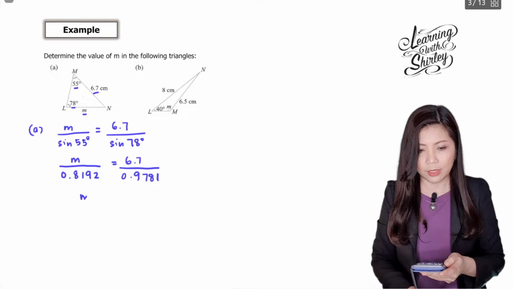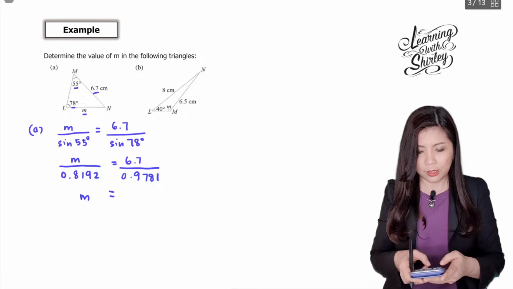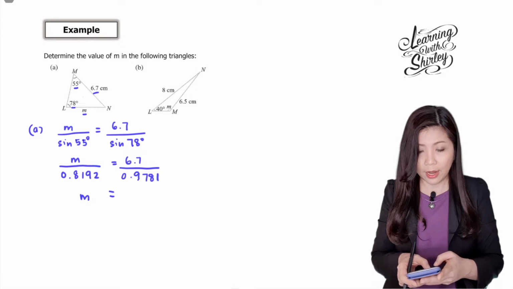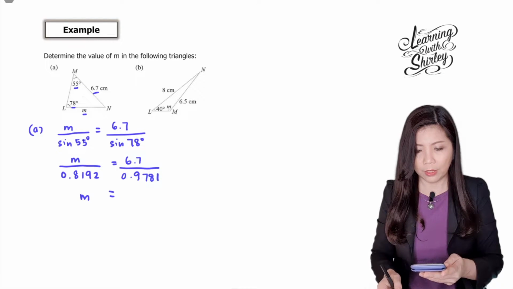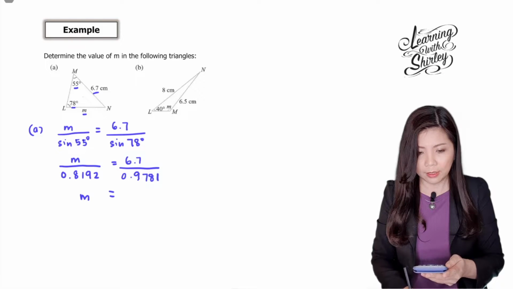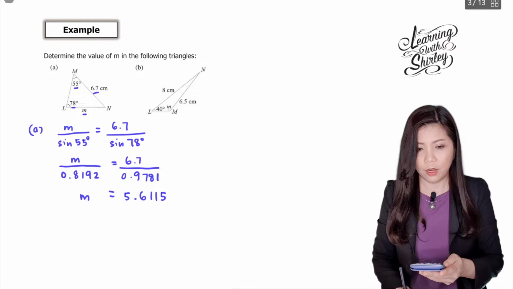Now let's solve this. I'm going to use 6.7 divided by 0.9781, and after that I multiply by 0.8192. And then I will get my answer as 5.6115 cm.